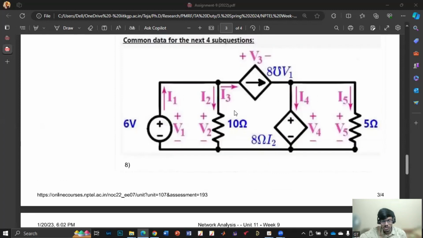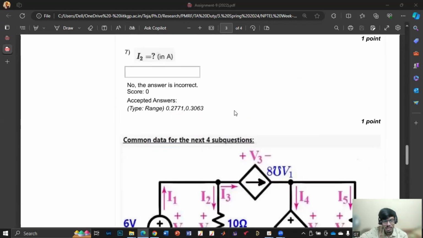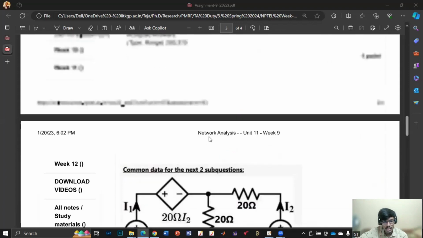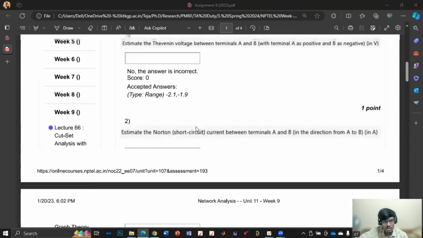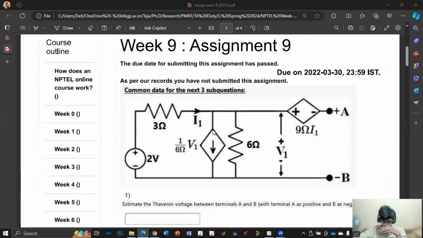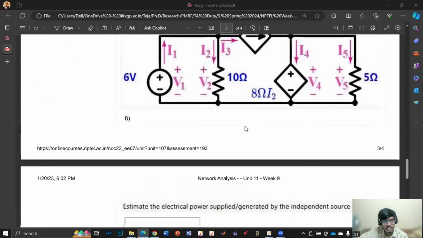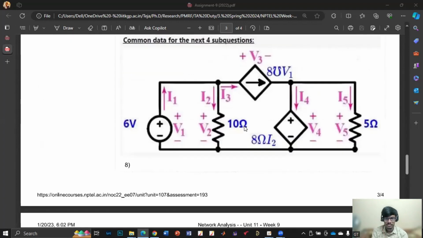Whichever question gets more votes, we'll proceed with that one. Okay, fourth. Then we'll start with the fourth question only.